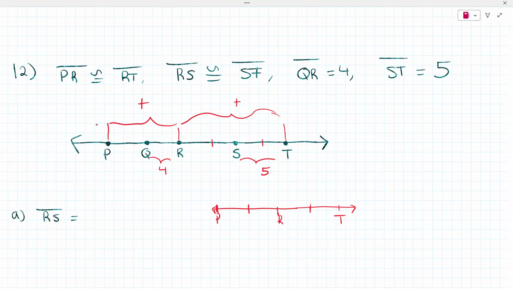And then they're saying that RS. So what do we know? They want to know the length of RS. Well, we know that RS is congruent to ST, right? So let me draw another image.